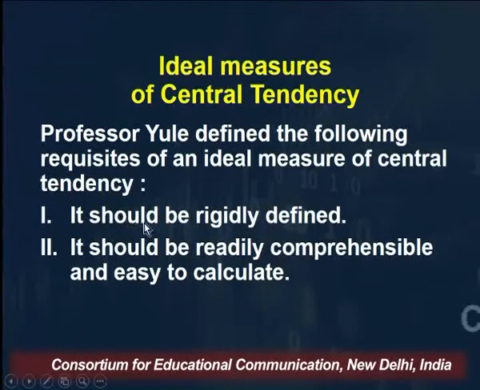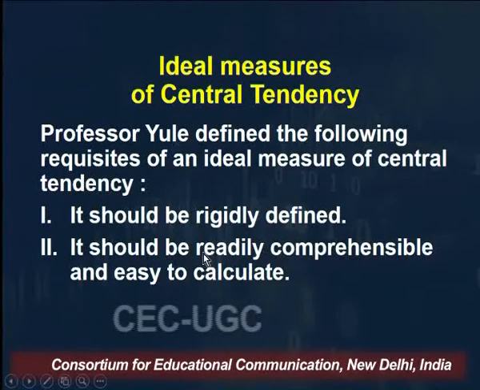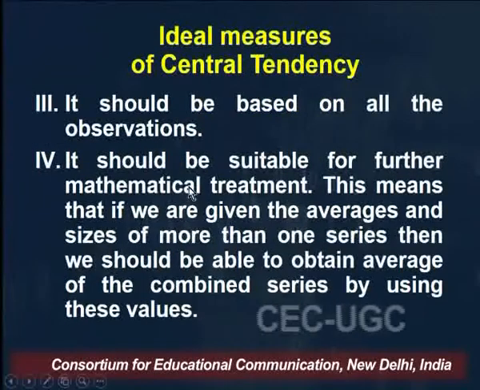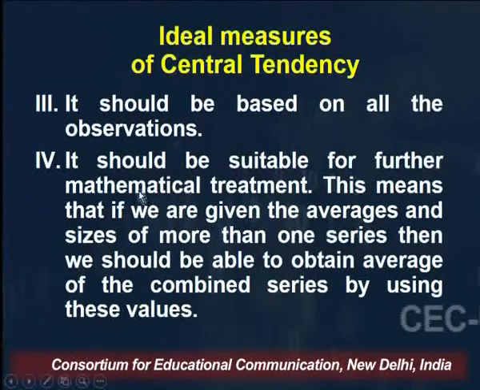So Professor Yule defined the following requisites of an ideal measure of central tendency. He said that the measure of central tendency should be rigidly defined, it should be readily comprehensible and easy to calculate, it should be based on all the observations, it should be suitable for further mathematical treatment.